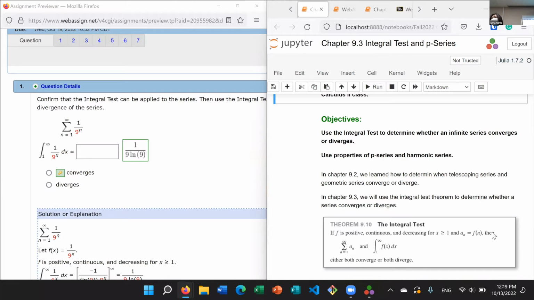Geometric series. You figured out your R. You look at your R, and if the absolute value of R is less than 1, that converges. But if the absolute value of R is more than 1, including 1, it diverges.